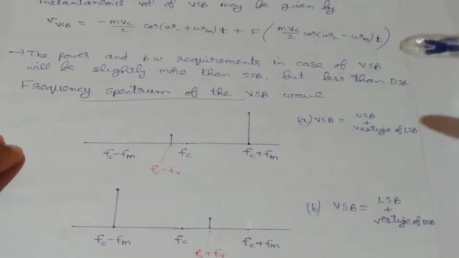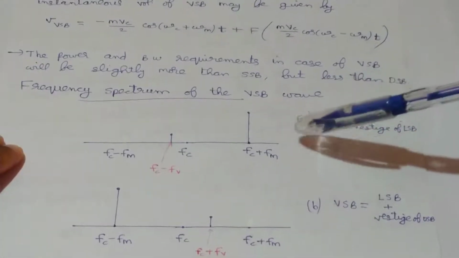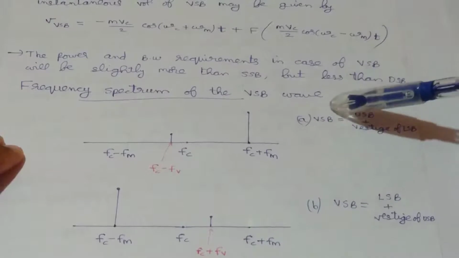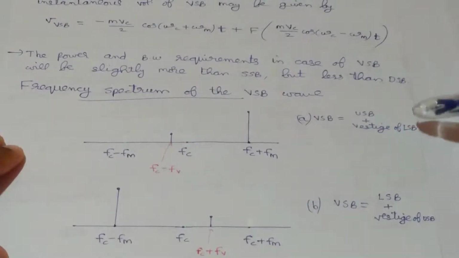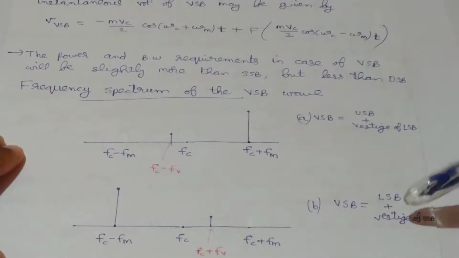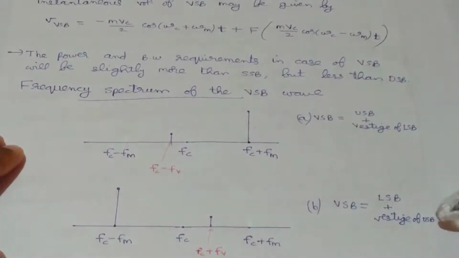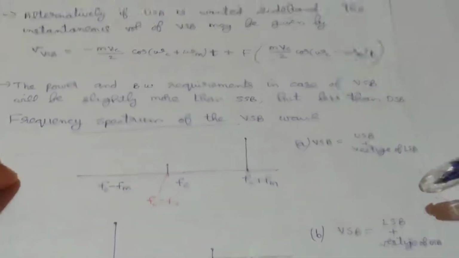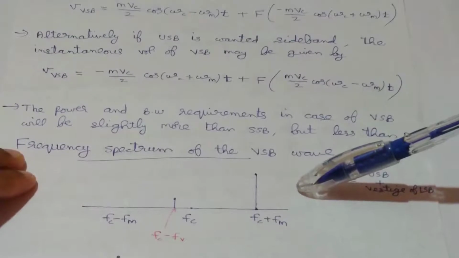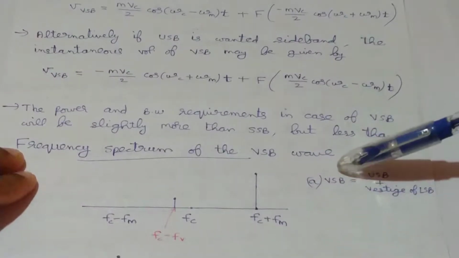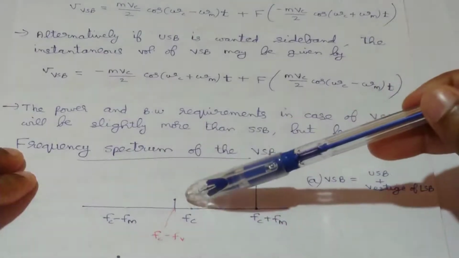Let's now consider the frequency spectrum of the vestigial sideband wave. We have two frequency spectra: one for the vestigial sideband signal equal to upper sideband plus vestige of the lower sideband, and the other for lower sideband plus vestige of the upper sideband. First consider this one. This is the spectrum if we are transmitting the upper sideband component fully plus a fraction of the lower sideband component.